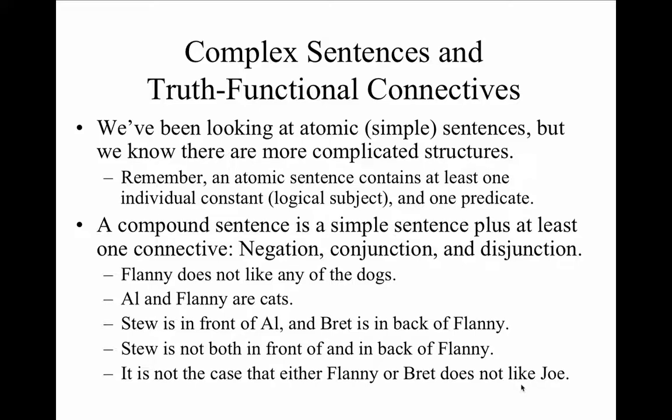As I mentioned, we've got Flanny, we've got Al, we've got Stu, Brett, and Joe. And we have, out of the atomic sentences, built compound sentences by introducing connectives. And remember, the connectives in the examples are not, and, and either.